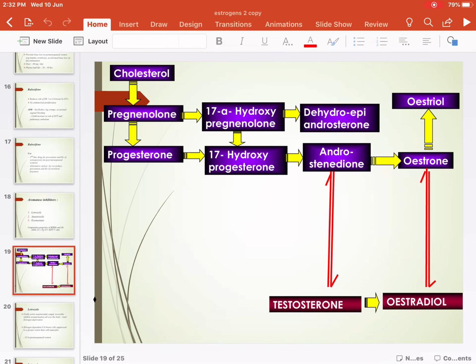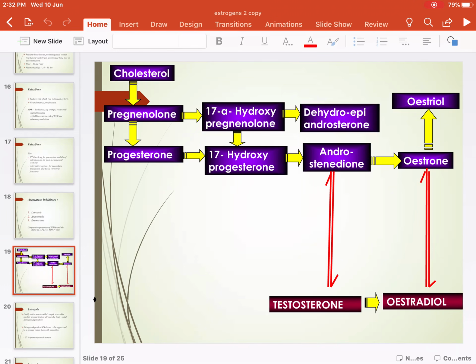Before that, let's try to understand what is aromatase. Yesterday we learned testosterone is converted to estradiol, or androstenedione is converted to estradiol with the enzyme aromatase. Aromatase is what converts testosterone or androstenedione into estrogen.